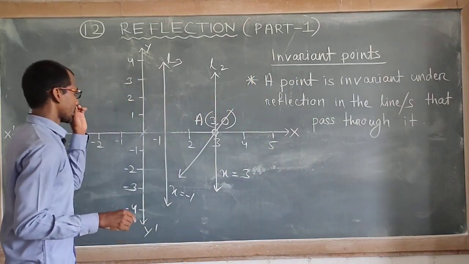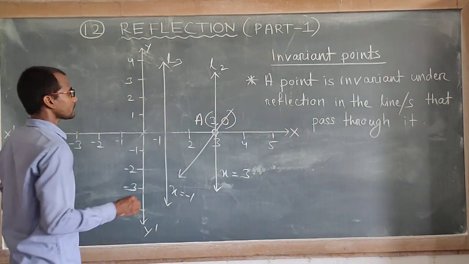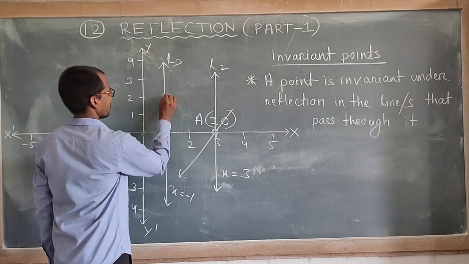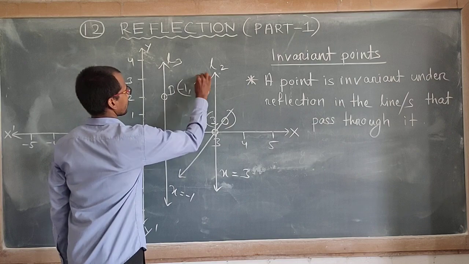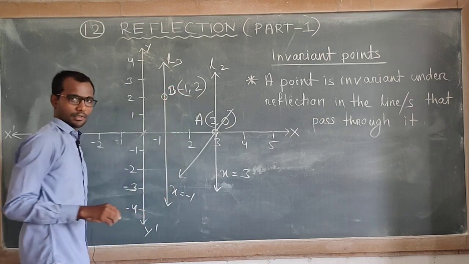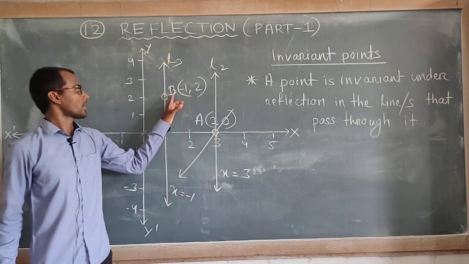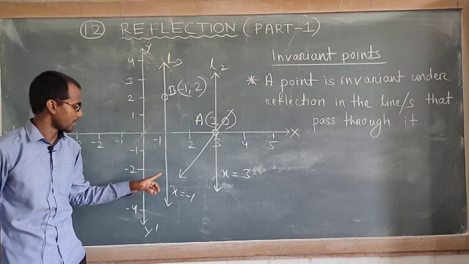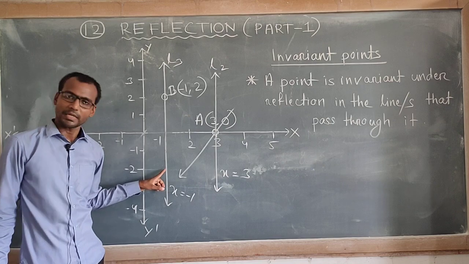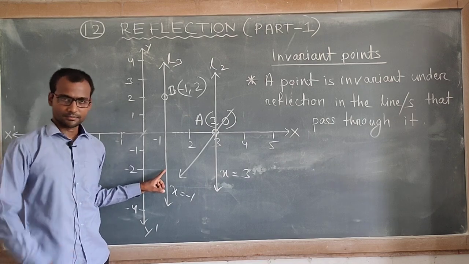I'm taking another example. Suppose this is B, (-1, 2). If I reflect this point B in the x-axis, its image will be formed here, (-1, -2), which means it is not invariant.